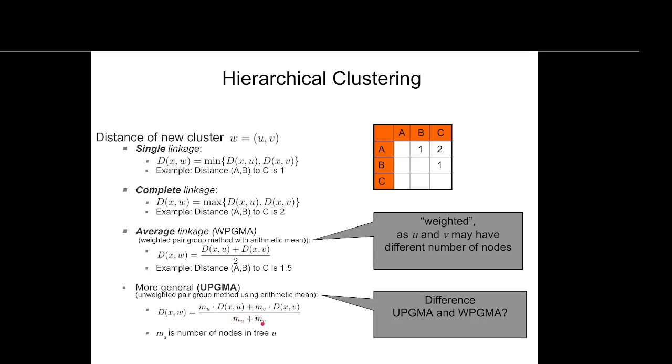So although you introduce weights over here, what the weights actually do is remove the size differences in U and V, and that's why the method is called unweighted. As I said, a little bit confusing, but I think with this explanation you get the reasoning behind the naming.